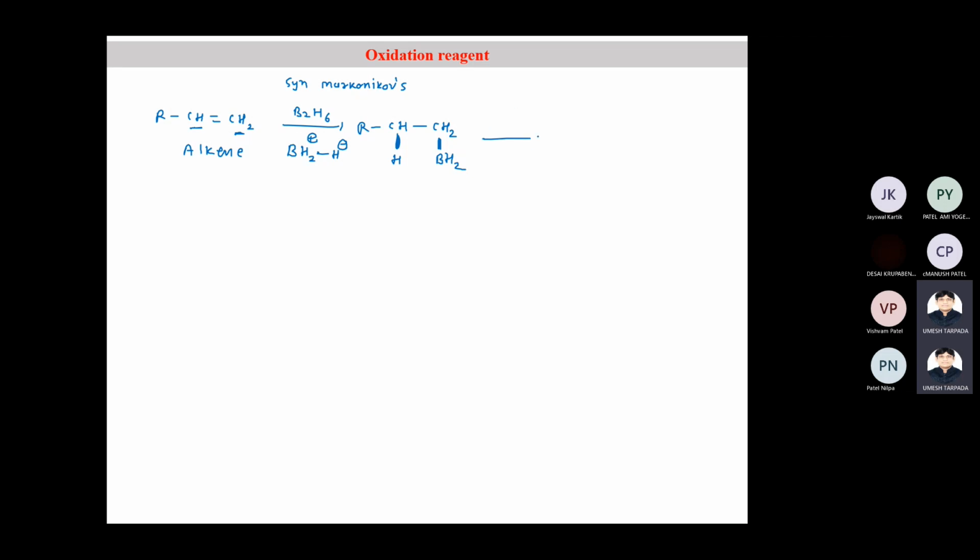The next process is using NaOH and H2O2 for hydrolysis. When you react with NaOH in the presence of hydrogen peroxide, hydrolysis happens, or OH minus attacks. So in that step, OH minus will attack from the opposite side of the BH2 group. That is an anti reaction, OH minus attaches from the side opposite to where BH2 leaves. So this is the product.